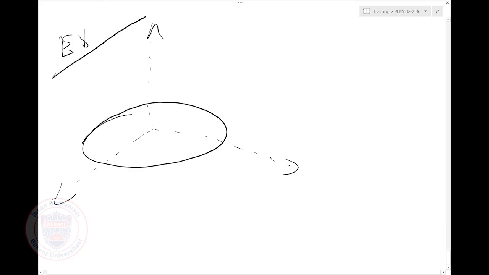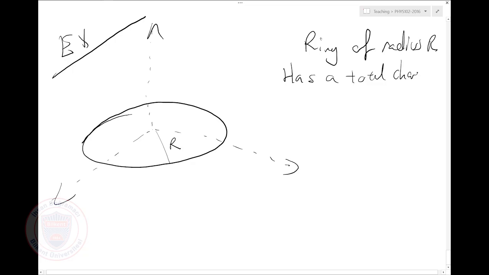So here I have a ring of radius r that has a total charge Q distributed uniformly.